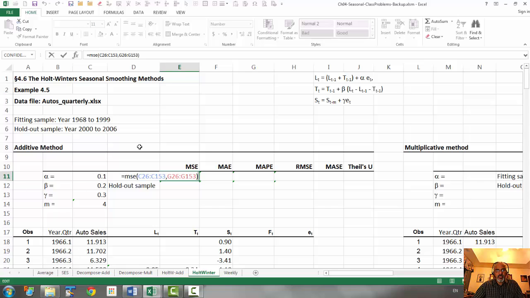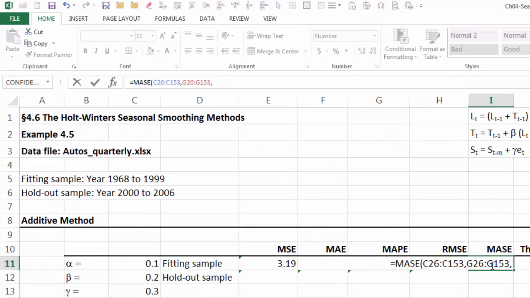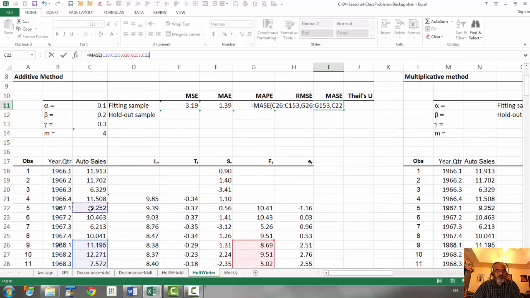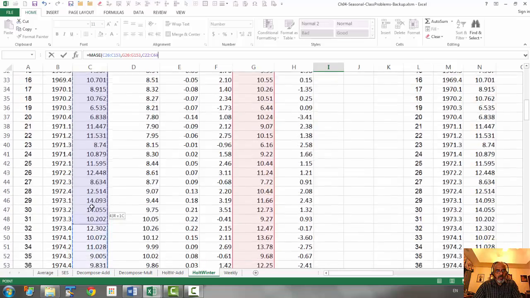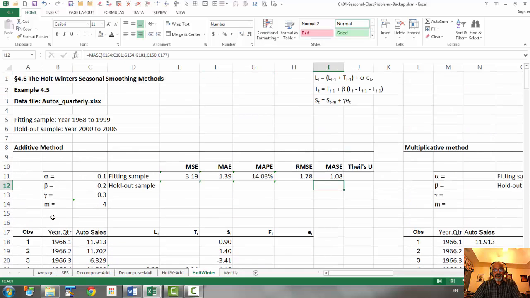That's MSE, and in a similar way we can compute these four measures. Now MASE, same two ranges as these, except that the third range will be from 1967 through 1998 fourth quarter. That will give us MASE, and same range for Theil's U.